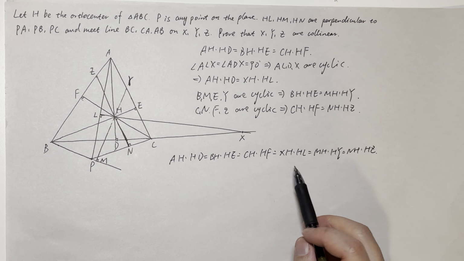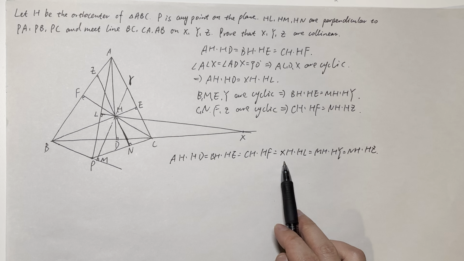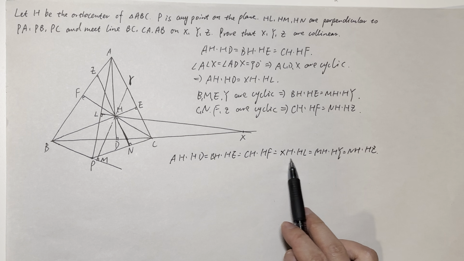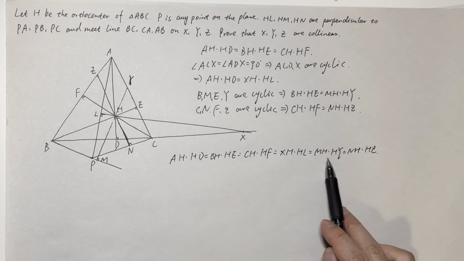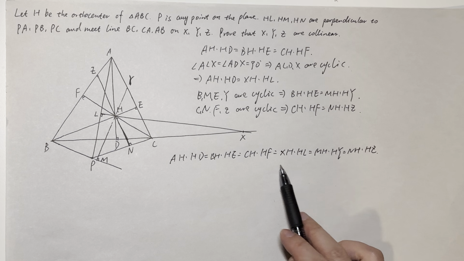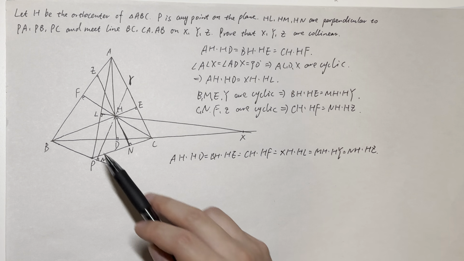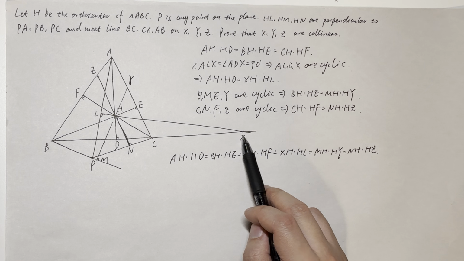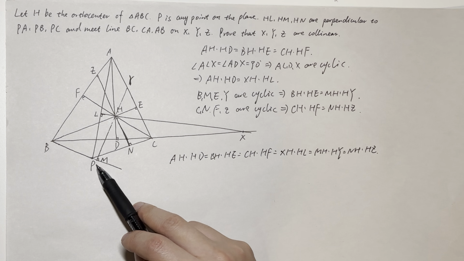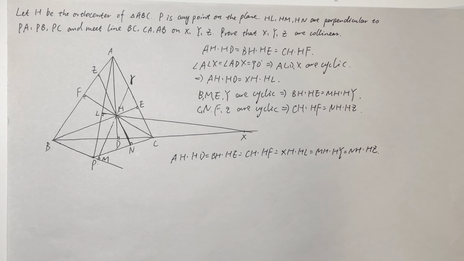It looks like we can get a cyclic quadrilateral from XH times HL equals MH times HY. That means X, L, M, Y are cyclic, right?